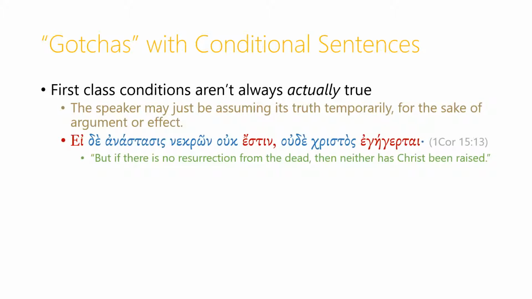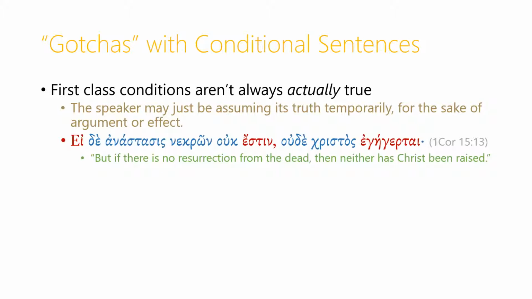Well, of course, even though this is a first-class condition, Paul does think that Christ was raised, and he does think that there was a resurrection from the dead. But for the sake of argument, he's treating it as possible, even as definite for a moment, that there isn't a resurrection from the dead.